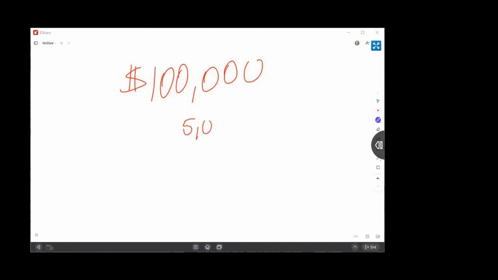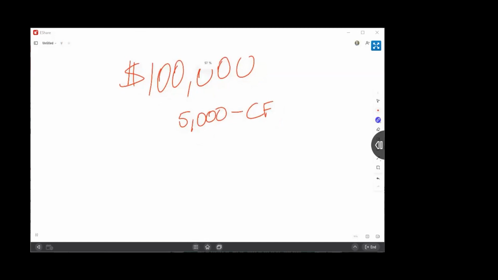Just making some numbers up here. But let's say you received $5,000 in cash flow, and this particular asset gave you a 50% depreciation benefit, right? Depreciation benefit you will receive. So that means at the end of the year, you're going to get a $50,000 loss due to depreciation. And so we're going to add in the cash flows, because you actually made those cash flows.